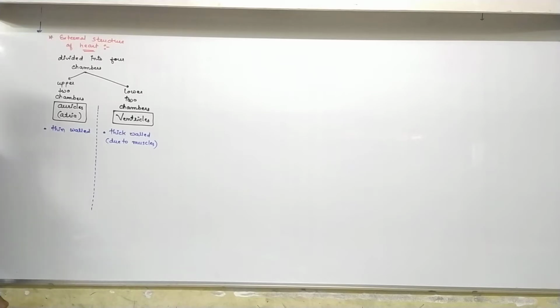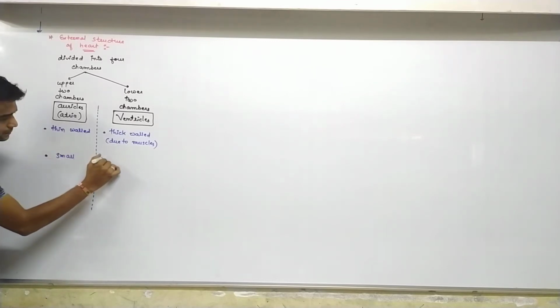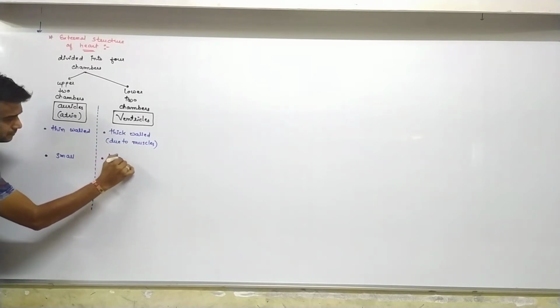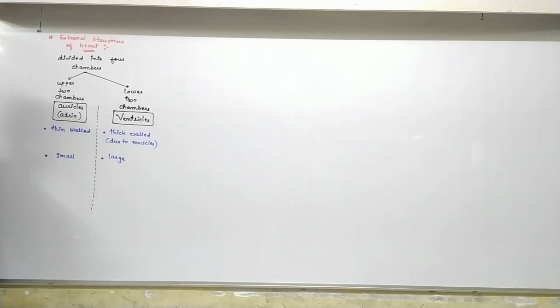The wall of the auricle is thin and the wall of the ventricle is thick due to muscles. Auricles are small, ventricles are large.